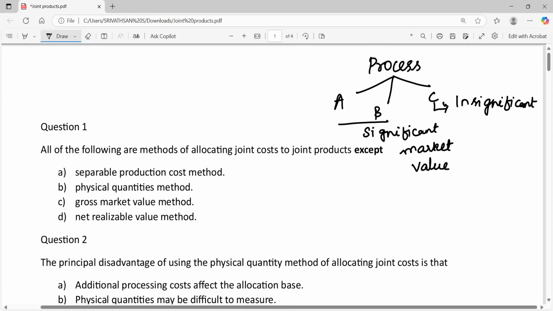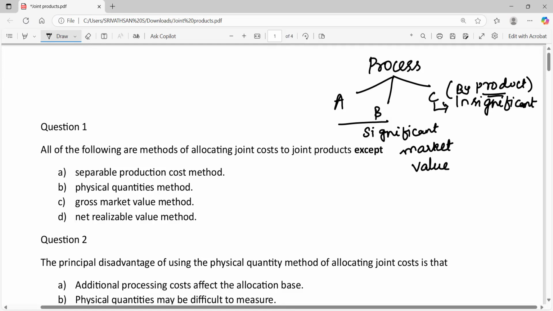So we call product A and B joint products, but we will call product C a byproduct. Why is product C called a byproduct? Because it does not have significant market value. However, in this video, we are going to restrict our discussion only to joint products. We are not going to talk about byproducts in this video.